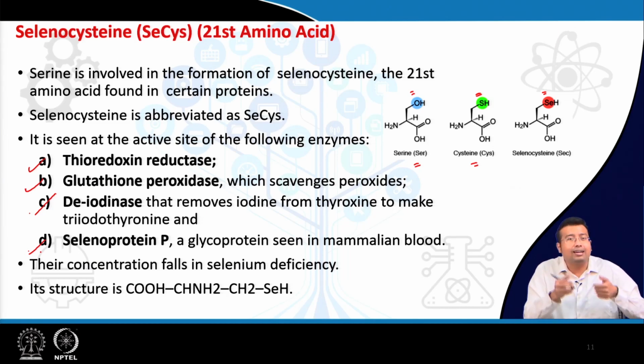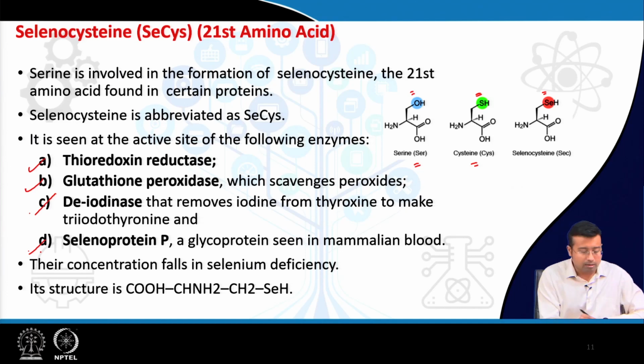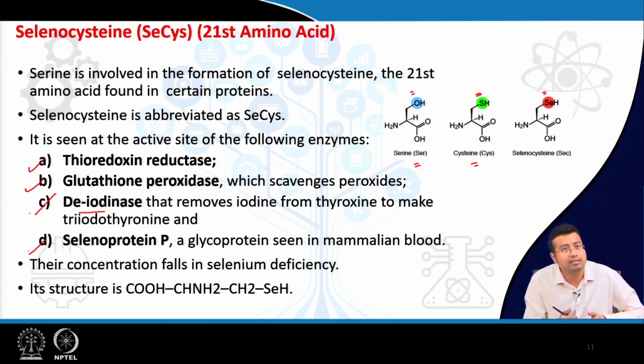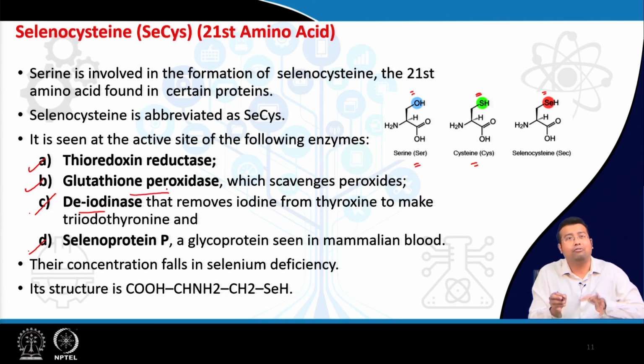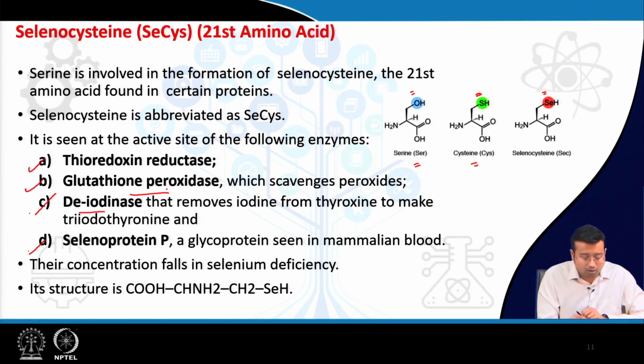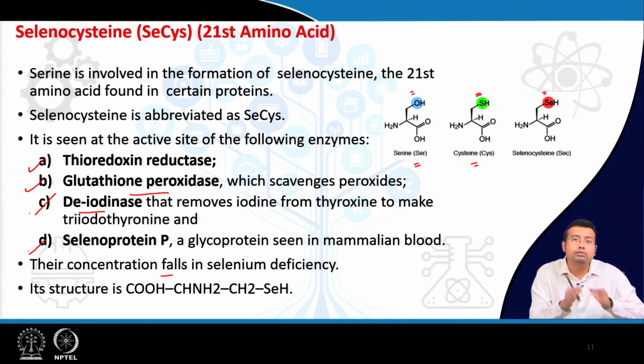So I suggest that you can give it a read from your textbook of choice what these enzymes do, but this enzyme has already been discussed when we were discussing tyrosine metabolism and thyroid hormone synthesis, right. And glutathione peroxidase, you already know, free radical scavenging. So what happens if selenium is deficient, the concentration of these enzymes fall and the role they are playing will be hampered, as simple as that. For you, you only need to know serine is utilized in synthesis of selenocysteine, in a similar way, how it synthesizes cysteine, alright.